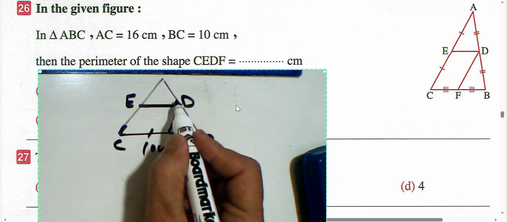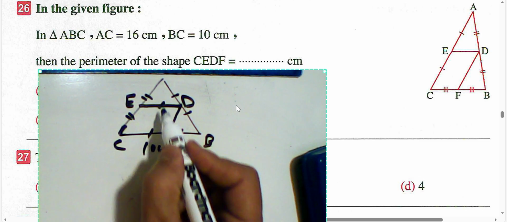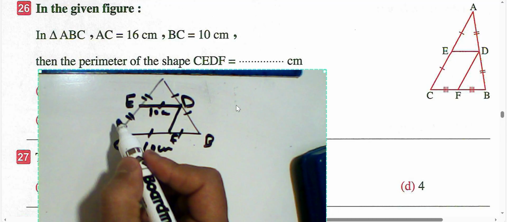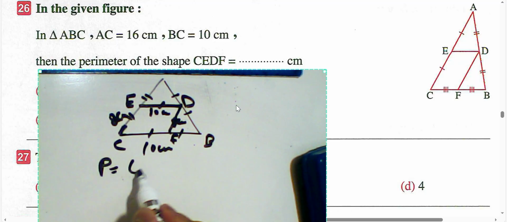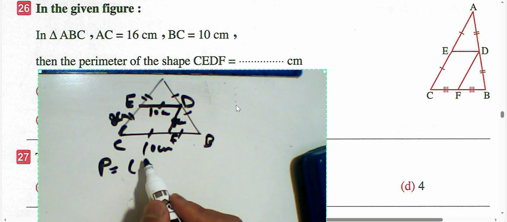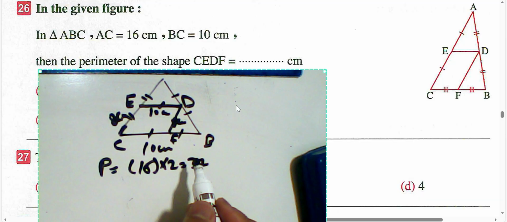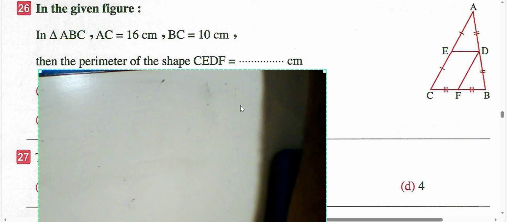And we have midpoints parallel to the base and equal to half the base, and it will be equal also. Then we have also 10 centimeters. And AC 16, 16 divided by 2 equals 8. This line segment is 8, then the perimeter equals 8 plus 10 plus 8 plus 10, which is 32.